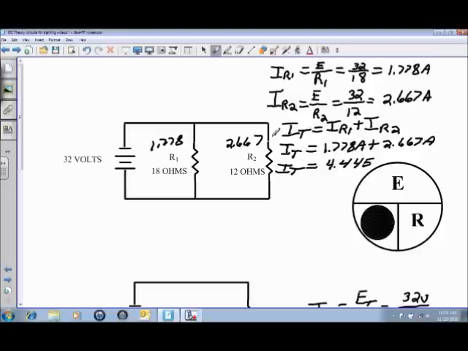And one thing that you can see right off the bat is that you have 12 ohms of resistance here and 18 ohms of resistance here, while the one with the lower opposition to current flow has the greater current flow through that branch, or the one with higher resistance or higher opposition to current flow allows less current to flow through it.